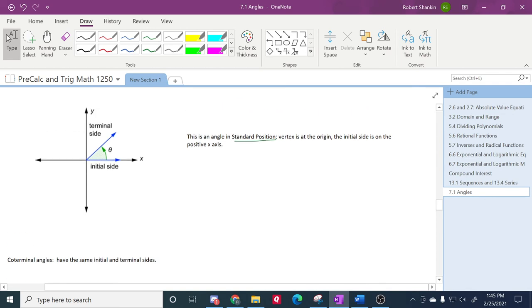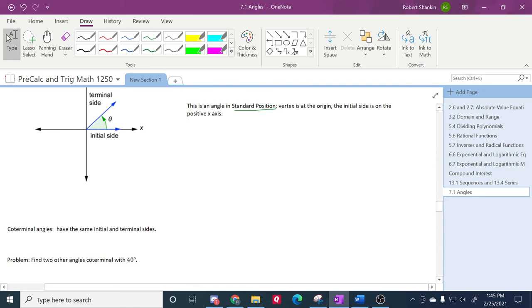Coterminal angles. Coterminal angles have the same initial and terminal sides. Now, that definition might seem like, oh, how in the world could I find two other angles that are coterminal with 40 degrees?